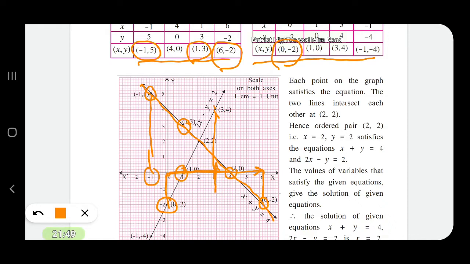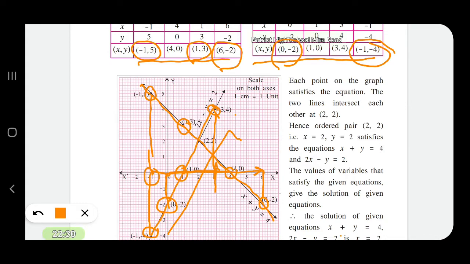So you have another point 3, 4, and the fourth point minus 1, minus 4. You move in the x axis in the negative direction from 0, so you have minus 1 here, and minus 4 means you have to move 4 points below the x axis, so you have the minus 1, minus 4 point over here. You hold a ruler against all these points, and you will find that they are collinear.